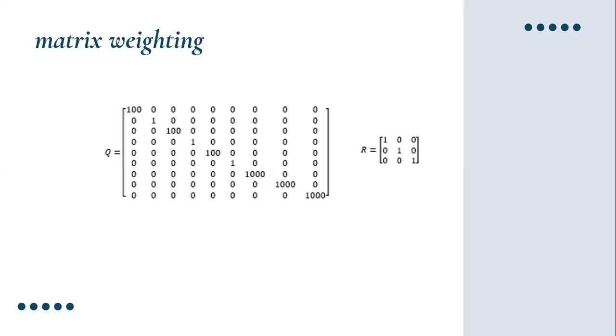There is a plant of the three-DOF robot manipulator, which will produce three outputs, namely theta 1, 2, and 3. A weight value of 100 in the Q matrix is given to theta. A weight value of 1 in the Q matrix is given to omega. This is done to produce a good angular response. Then a value of 1000 is given to the state error for angles 1, 2, and 3.